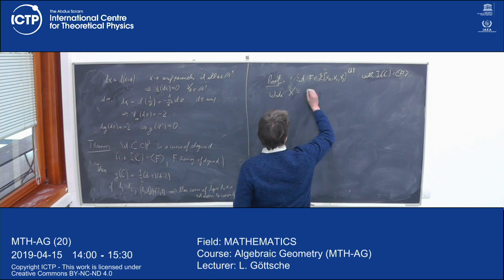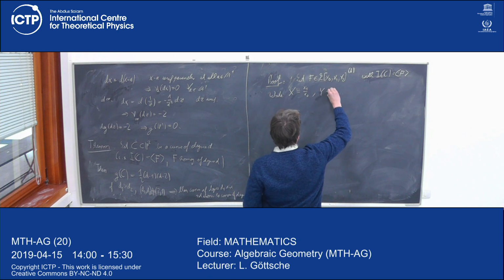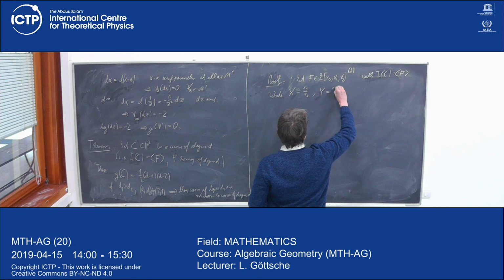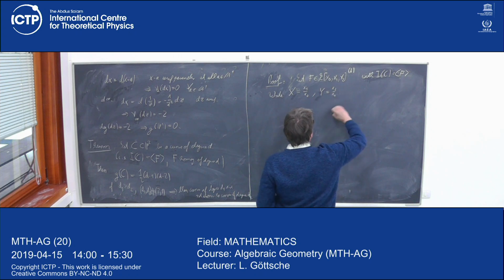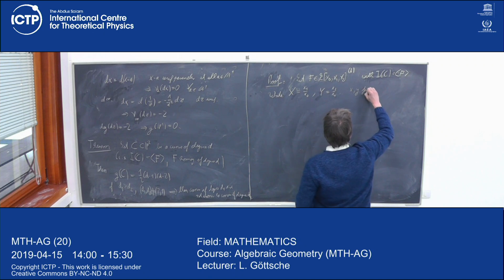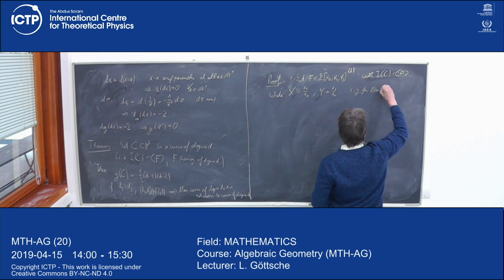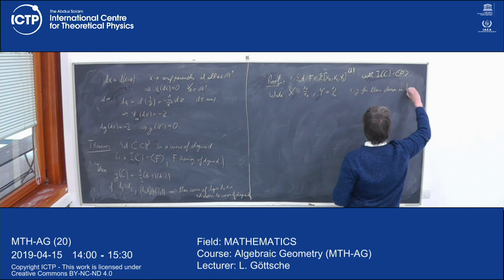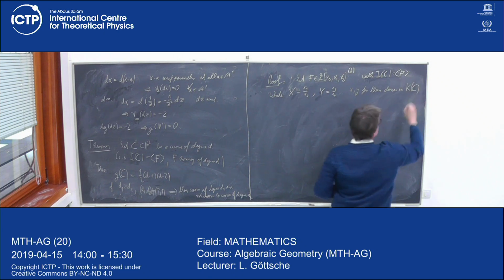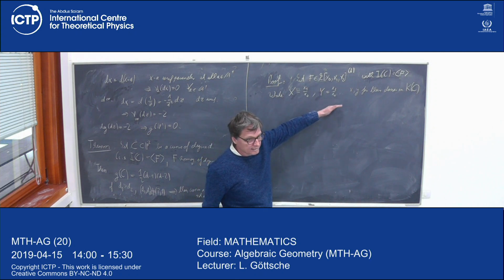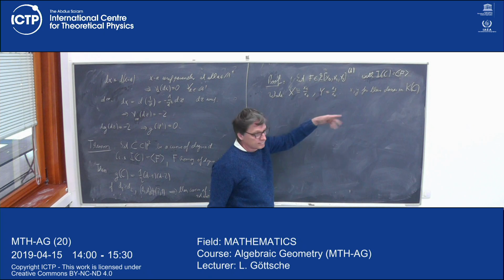So I write x for x1 divided by x0, y for x2 divided by x0, and I write x and y for their classes in K(C). I take these things restricted to C and look at them as elements in K(C).